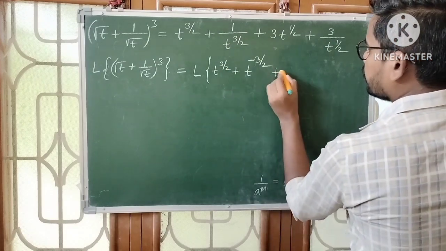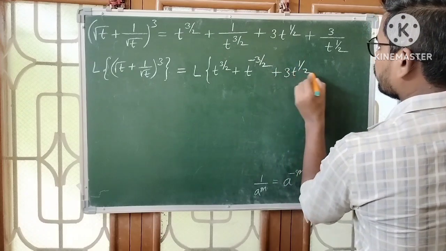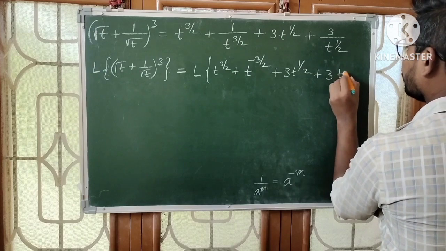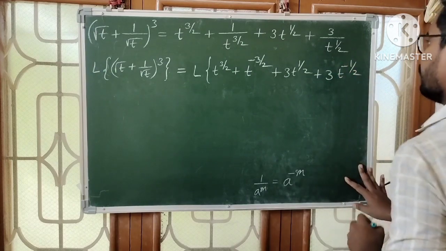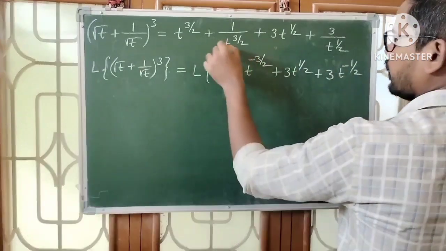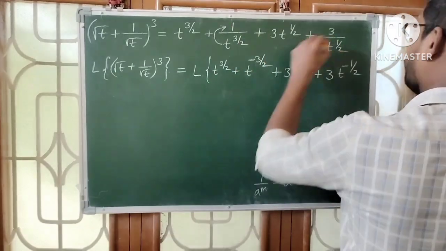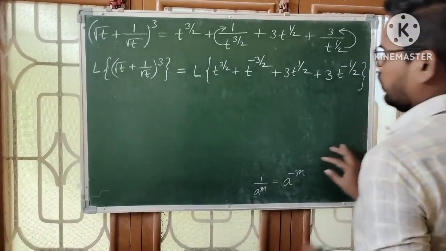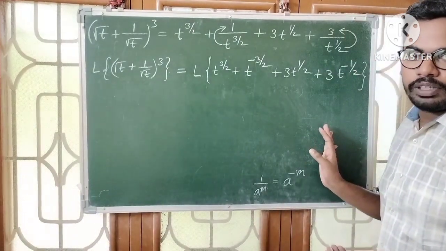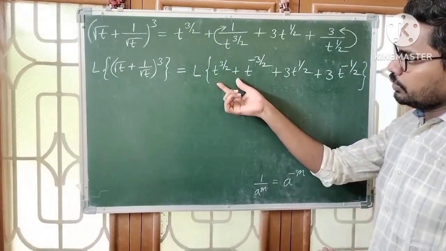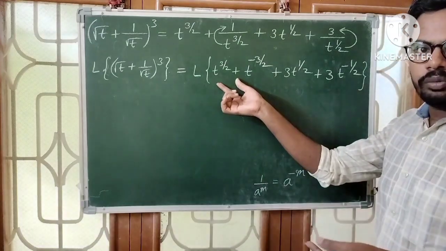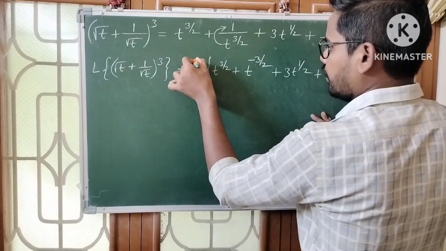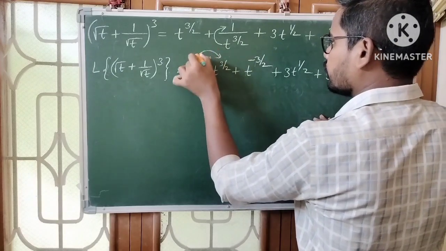Plus 3 into t power 1 by 2. Here also, 3 by t power 1 by 2 we can write as 3 t power minus 1 by 2. We are just moving this term from the denominator to the numerator. Now using the linearity property, which means the distributive property, just distribute and apply the Laplace transform to all the terms.